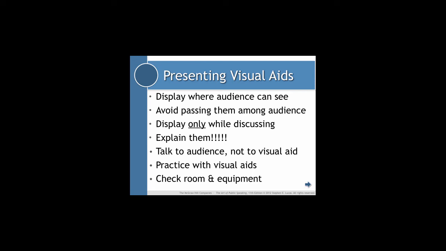If you're just showing people something such as objects or models, then put them out of the line of sight of the audience until you're ready to discuss them, and then bring them up and make sure everybody can see them.